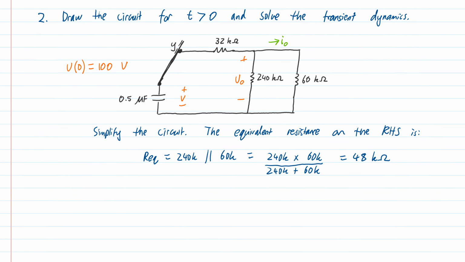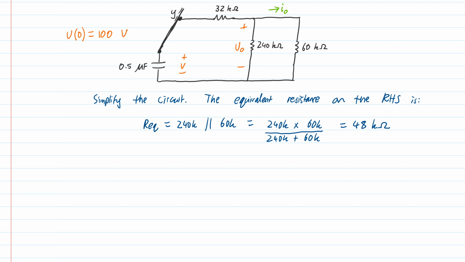So that leaves us with the following simplified circuit. I have the capacitor that was 0.5 microfarads, which runs through 32 kilo ohms, then this R equivalent of 48 kilo ohms, and that's all we have in our circuit.